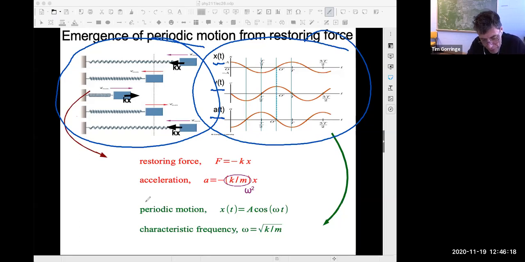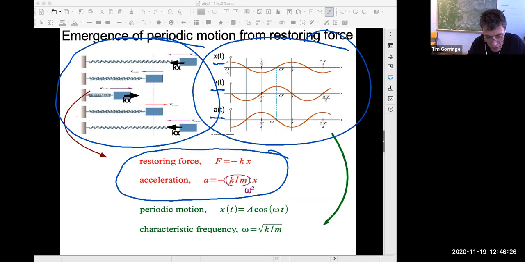If you remember in the last class, we wrote down that restoring force and the corresponding acceleration. We just divided the restoring force by the mass of the object. The acceleration is proportional to the displacement. It's in the opposite direction to the displacement, and it has this numerical factor, the spring constant divided by the mass.